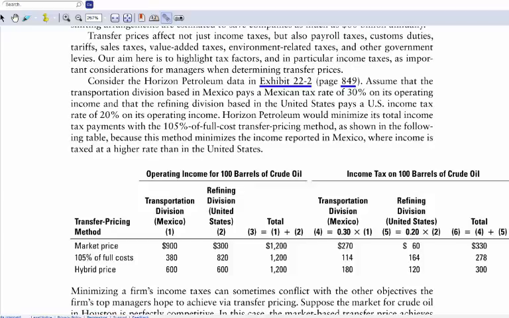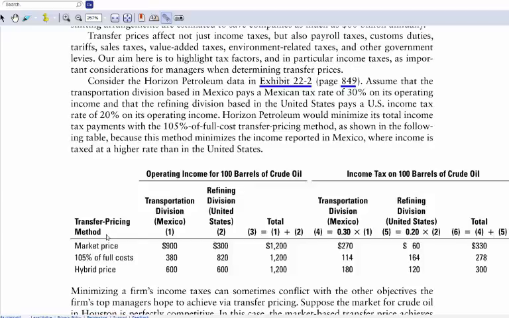And we're going to calculate which scenario, which transfer pricing method Horizon would choose in order to have the least amount in taxes due.